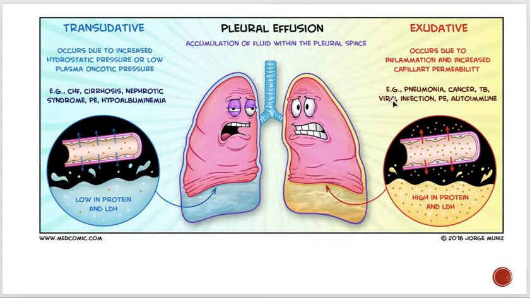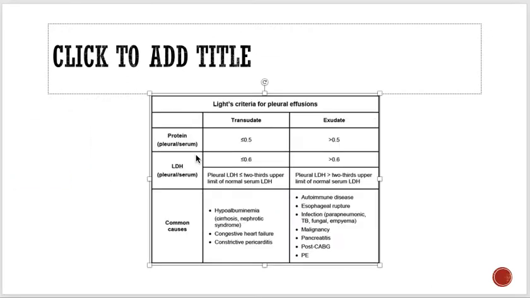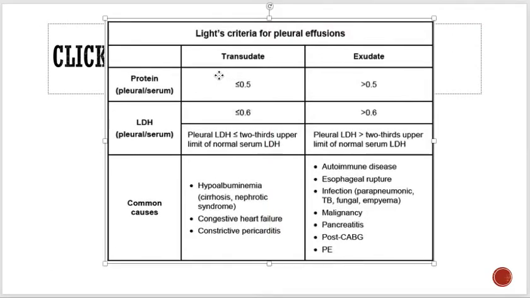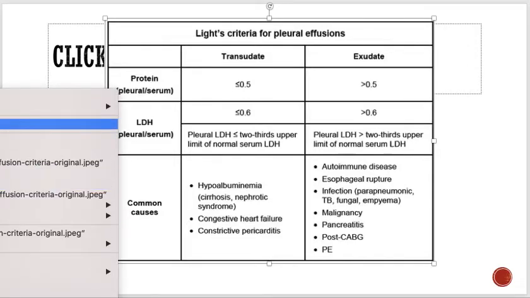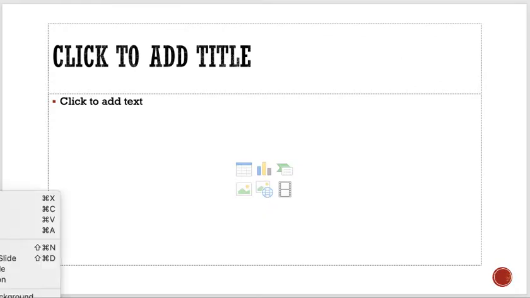Okay. Now, I will show you something very helpful. Whenever we analyze the pleural fluid, we use some criteria called Light's criteria. Okay, this is the Light's criteria for pleural effusion.